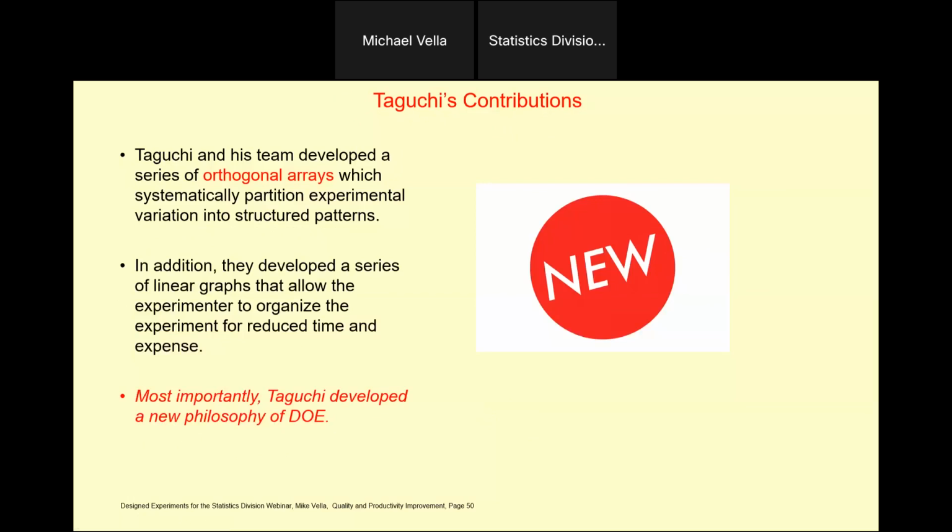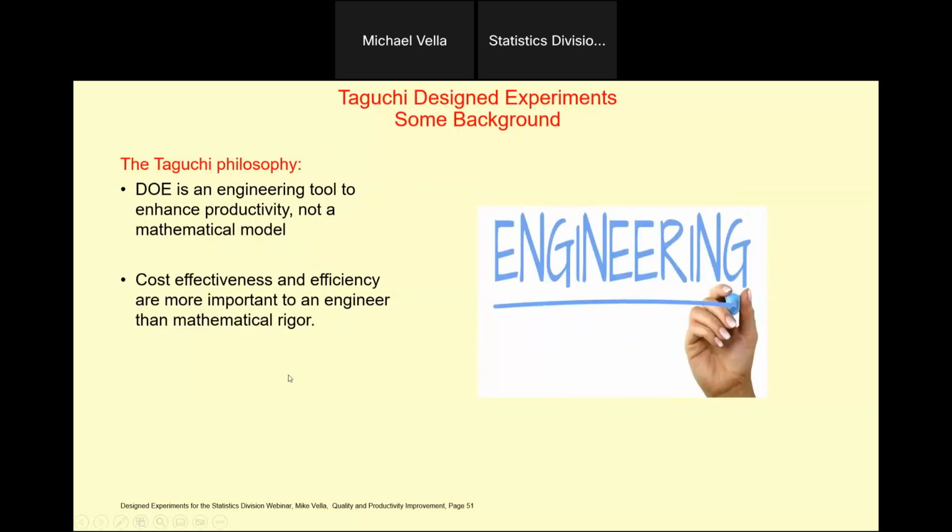But most importantly, Taguchi developed a new philosophy of DOE, and that is that DOE is an engineering tool to enhance productivity, not a mathematical model. And cost effectiveness and efficiency are more important to the engineer than mathematical rigor, which is why some classical statisticians have a little bit of friction with the Taguchi methods, because it's more of an engineering tool.